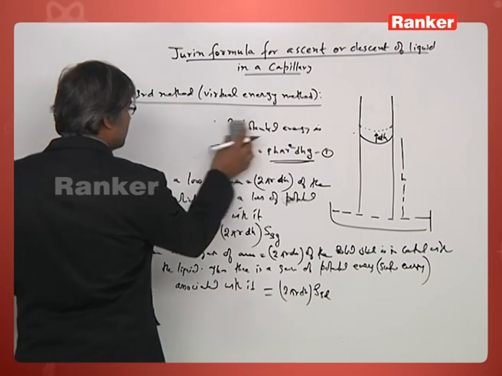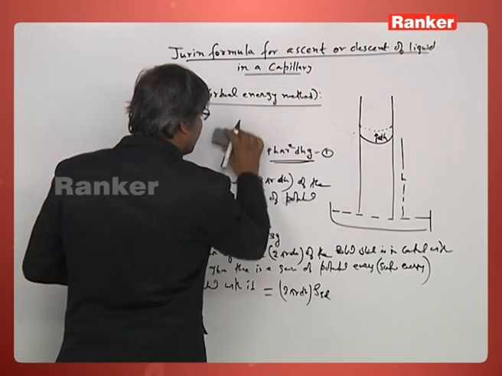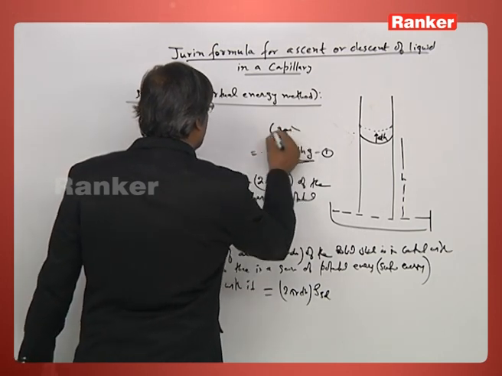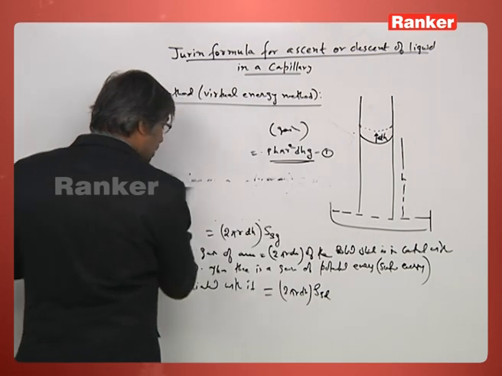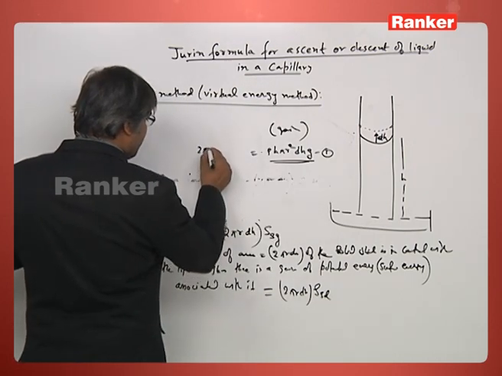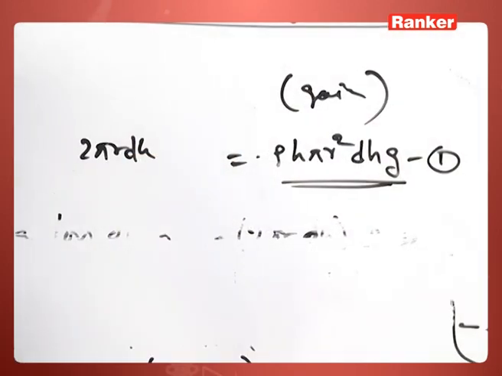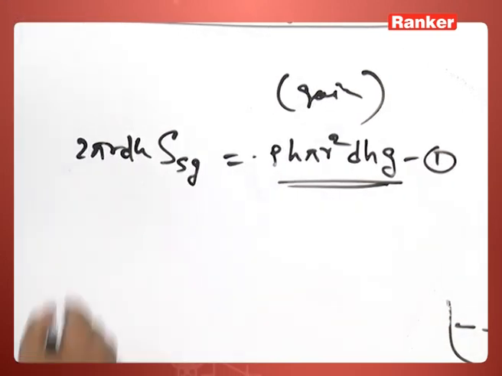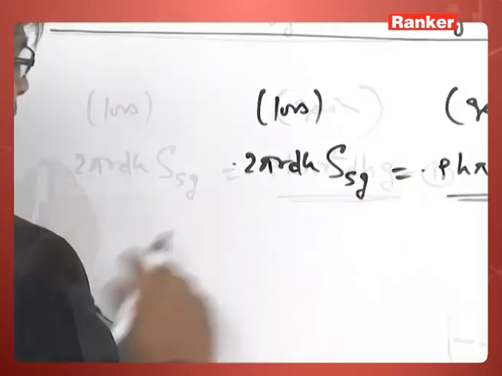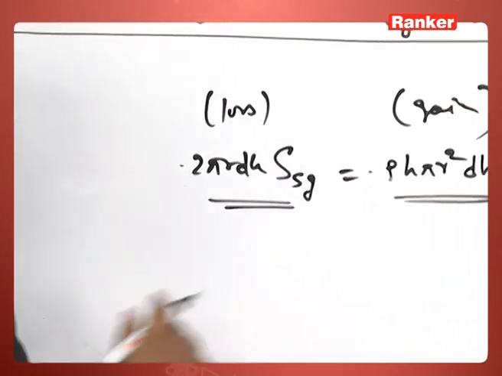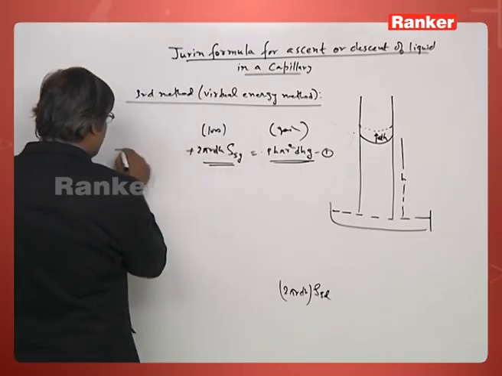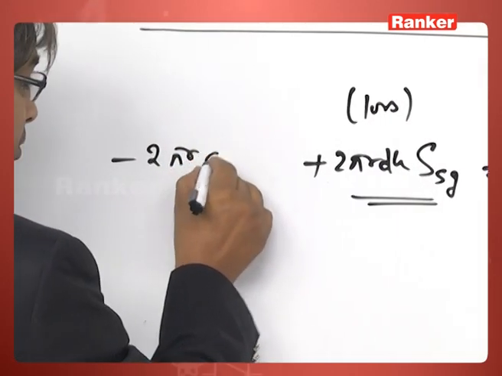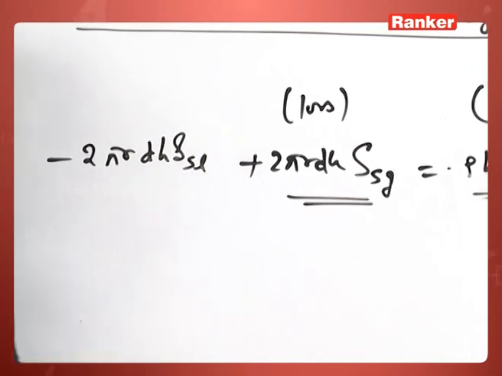So, let us write this quantity, this is actually the gain, must be equal to the loss, that is here 2 pi r dh surface tension of solid in contact with gas. So, this is again the loss, the lost energy, and so it comes to be plus, minus, this is again the energy gain, not loss, dh solid.